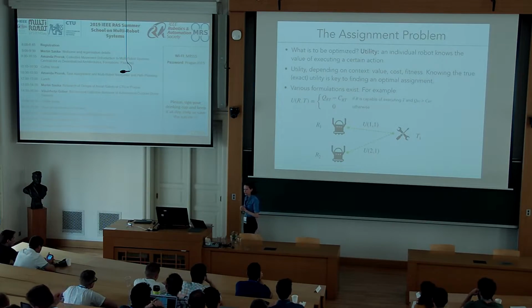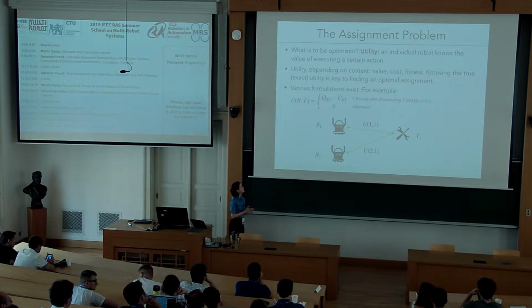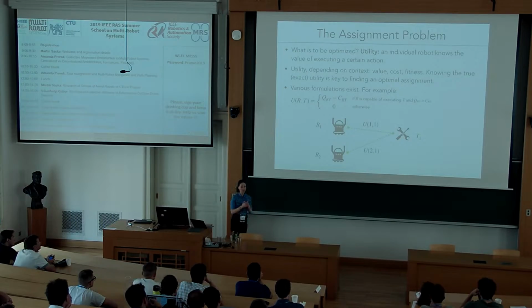So we can formulate the problem as I demonstrated in this little example here. I'm considering a utility of assigning a robot R to a task T, where we could, for example, arbitrarily say the utility is equal to Q, which is the quality of the task being solved, minus C, which is the cost of actually doing that task, if the robot is capable of solving that task, and 0 otherwise.